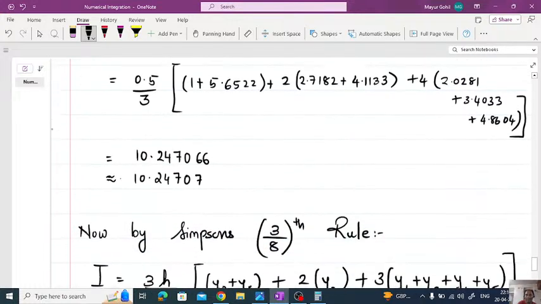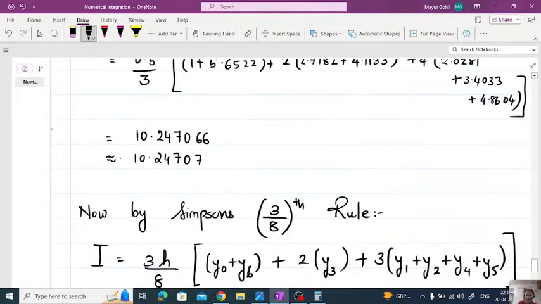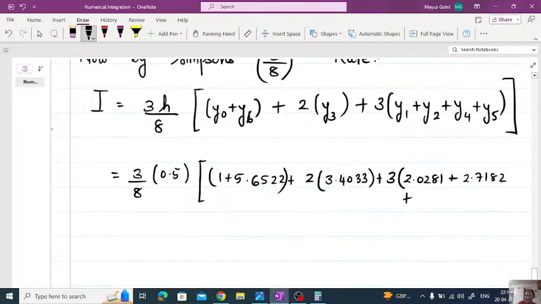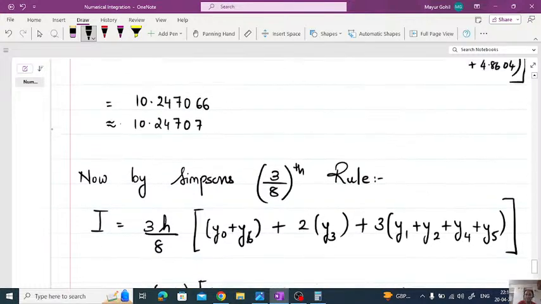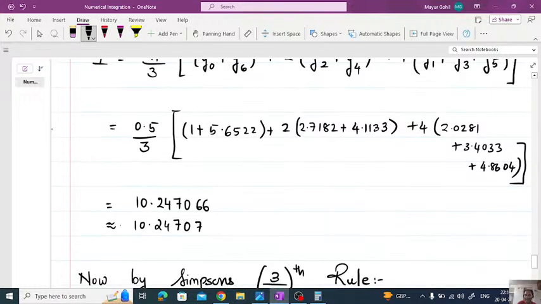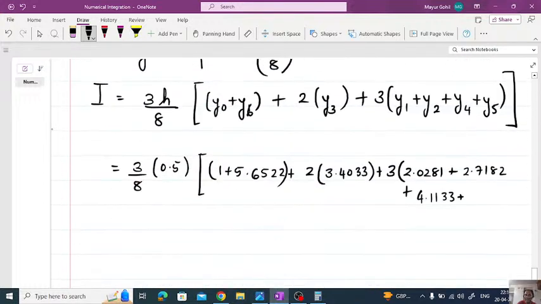Yeah, 4.1133. Then y5 is 4.8604. Okay, let's do the total.